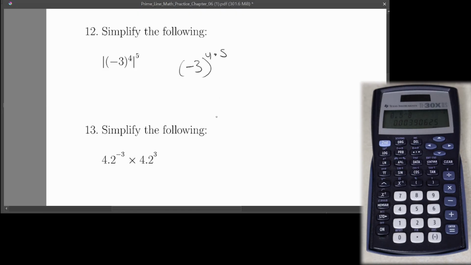The issue here is we want to evaluate the absolute values first. So when we apply the absolute values, our negative sign is going to go away. So we can write this as 3 to the 4th times the 5th, which equals 3 to the 20th power.